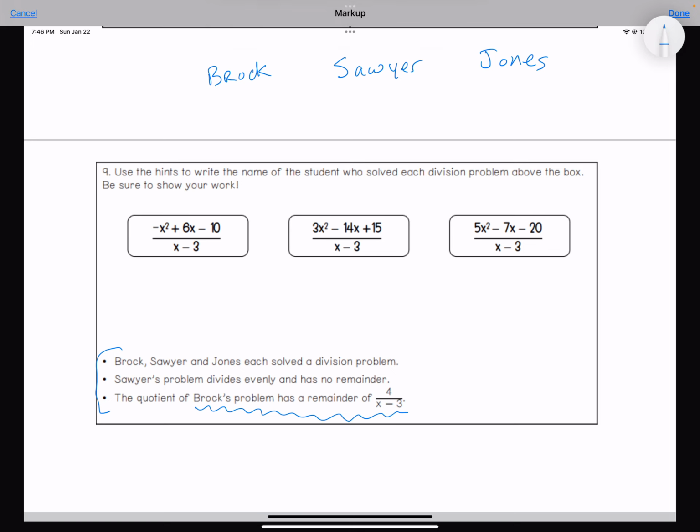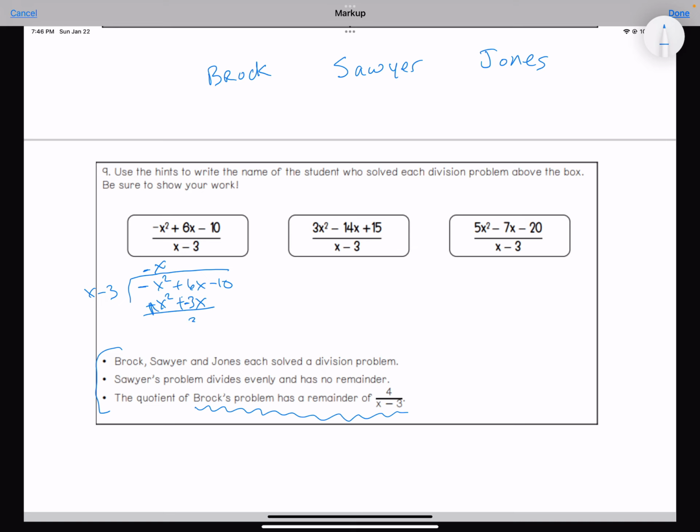So the only way to do a problem like this is to go ahead and do the division. So starting with the first one, negative x squared plus 6x minus 10, divided by x minus 3. This is going to be negative x. So negative x squared minus negative x squared, those cancel out, make it the opposite.